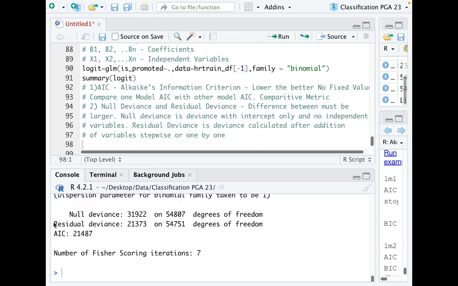This is the final residual deviance after adding all the variables to the model. This is the model with intercept only, without any variables included. Now we can find out using anova(logit, test = chi-square).